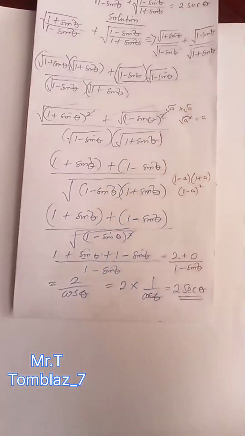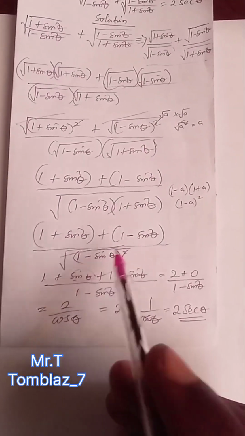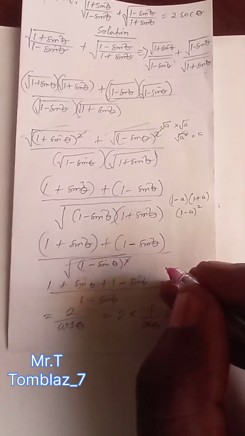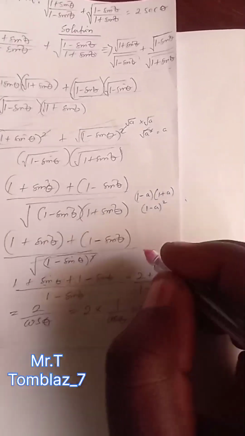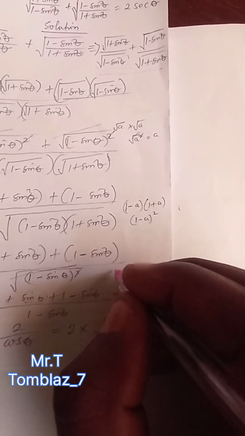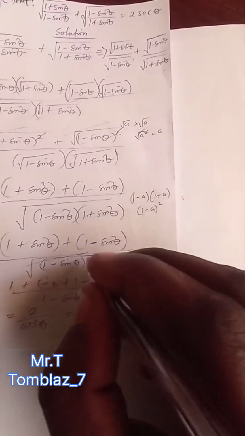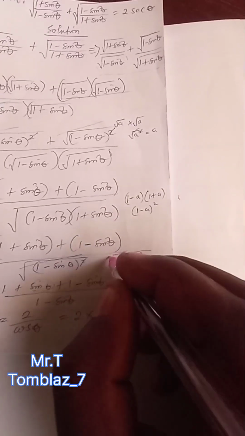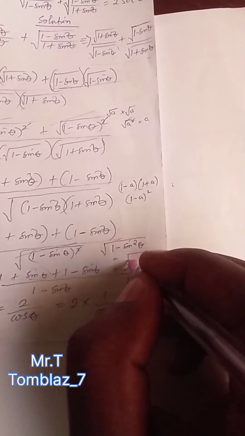But let's not forget that in this position here, we can still leave this value and substitute it with cos theta, right? So 1 minus sine theta will be the same thing as 1 minus sine squared theta, since it is squared here and the square root is here. So we can then substitute this with what?